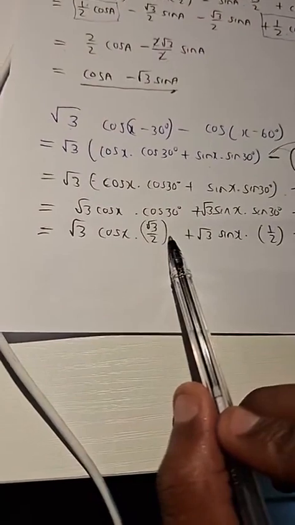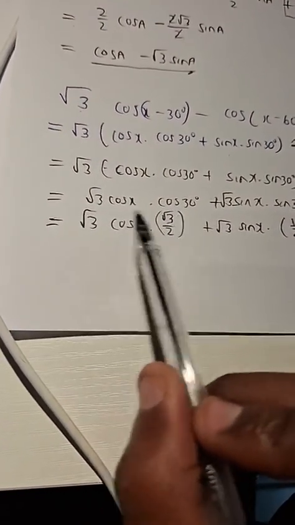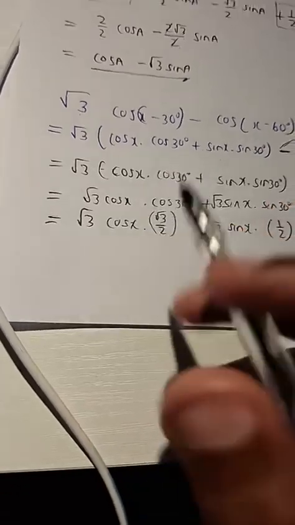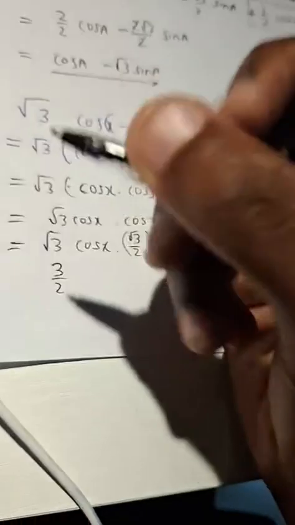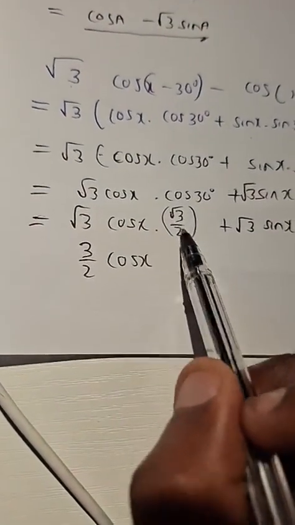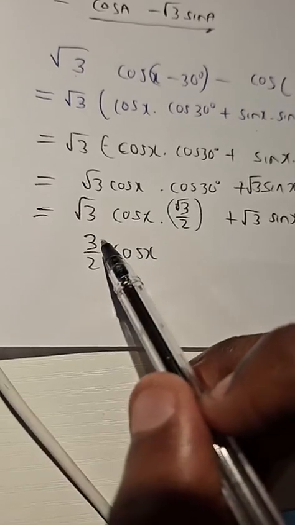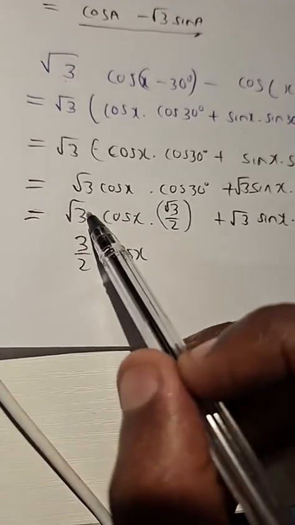Now with that said, we can multiply this. Root 3 times root 3. This root 3 and this root 3 are both in the numerator. That will give me 3 over 2 cos x when I multiply root 3 times root 3 over 2. You can even use your calculator if you're not confident about getting the answer.